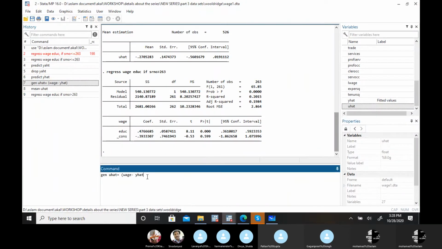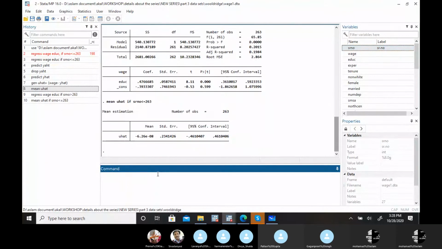So just take this summation, this mean of u hat, only if serial number is less than or equal to 263. This is only for the first. So it's again near 0. Just due to approximation it's showing some values, but it's approximately a 0 value.